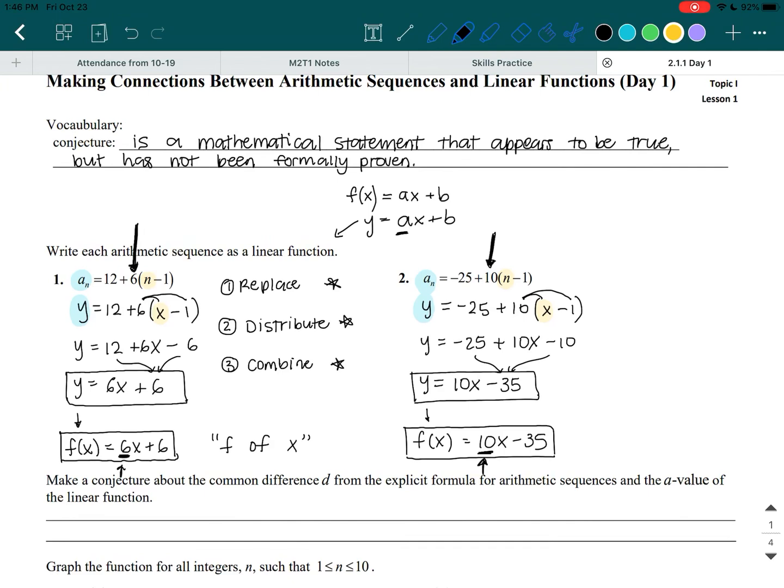Okay, so unpausing, I'm going to write down my conjecture. My conjecture is that the common difference d is the same number as the a value of the linear function.